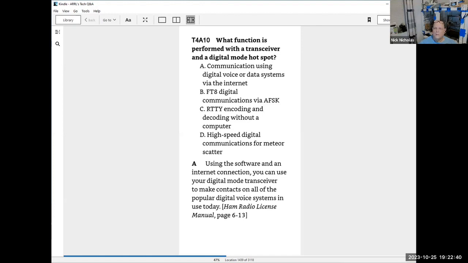And then I can talk to that from my handheld. And even though my handheld might not have enough power to get to my repeater, it will allow me to communicate through that repeater just as if it could. I'll actually be entering the repeater's system through the internet digitally, and I will be receiving the signal back from my hotspot, not from the repeater directly. But it works really good.